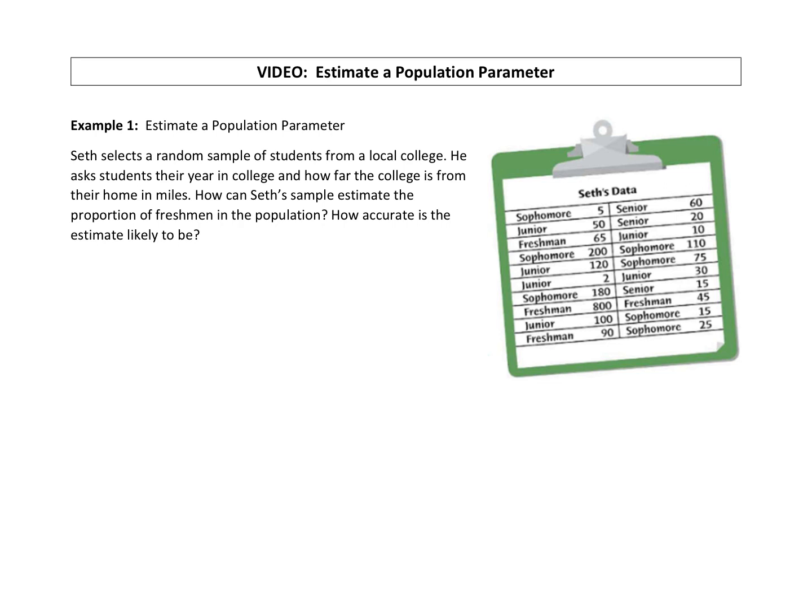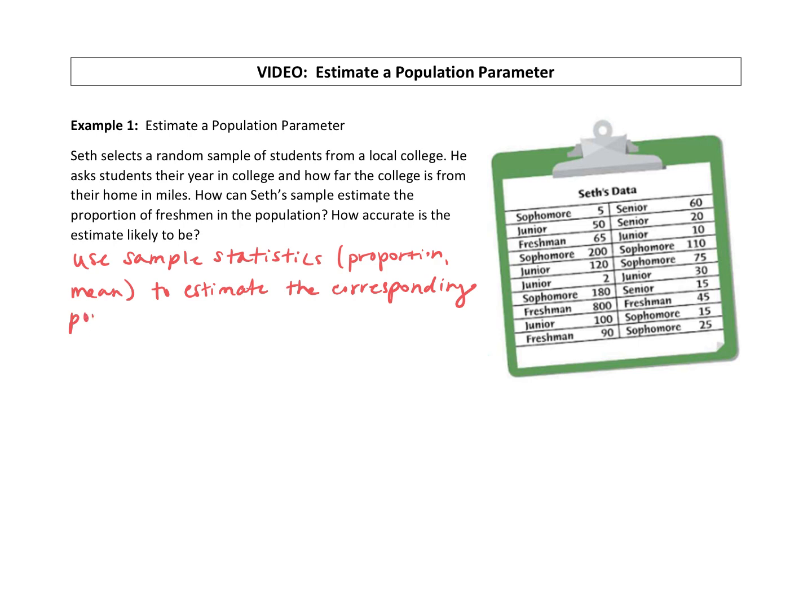So let's make a note that we can use sample statistics such as proportion or mean to estimate the corresponding population parameters.